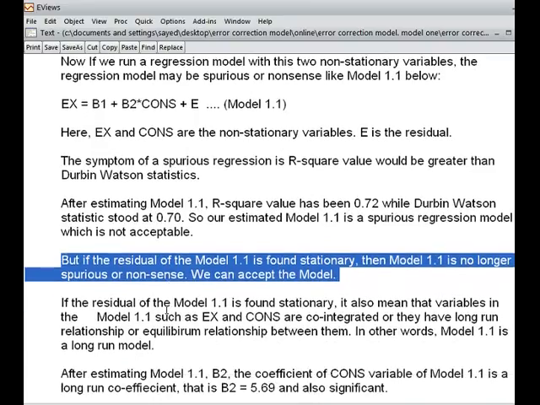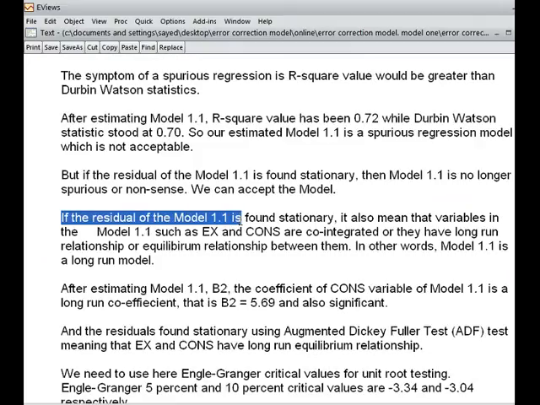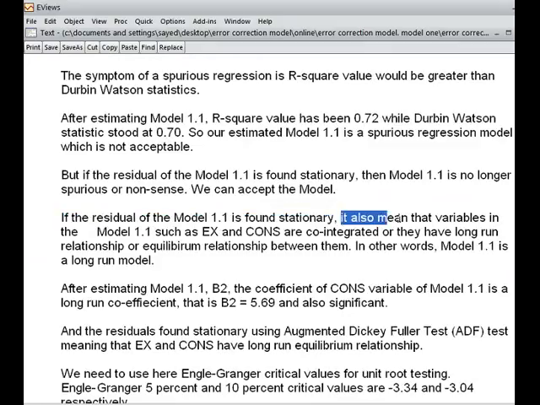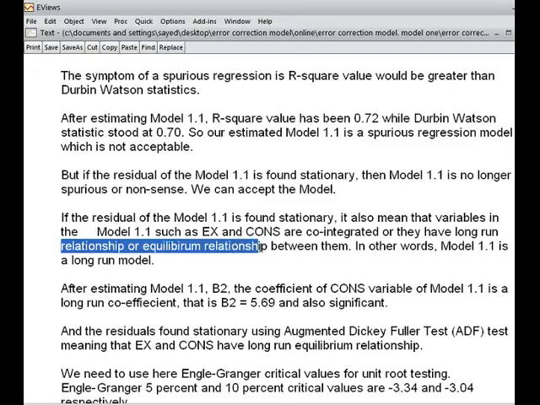And there is some more thing. If the residual of the model 1.1 is found stationary, it also means that variables in the model 1.1 such as Ex and cons are cointegrated, or they have long run relationship, or they have long run equilibrium relationship between them.